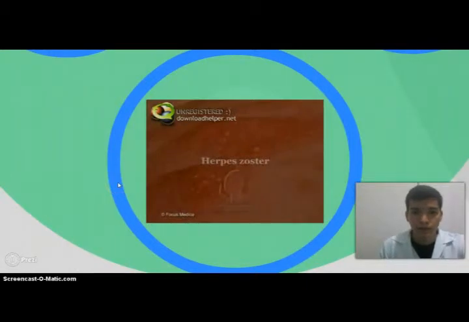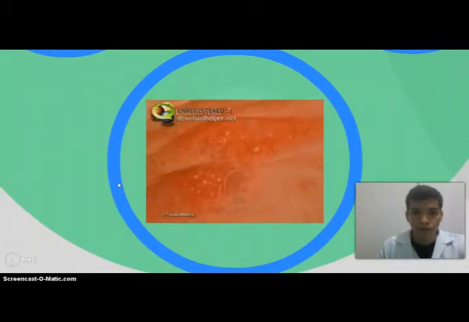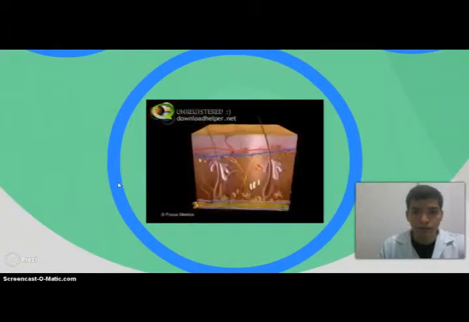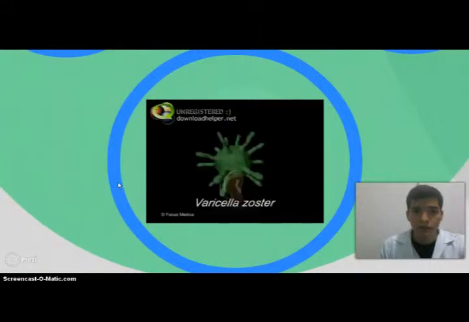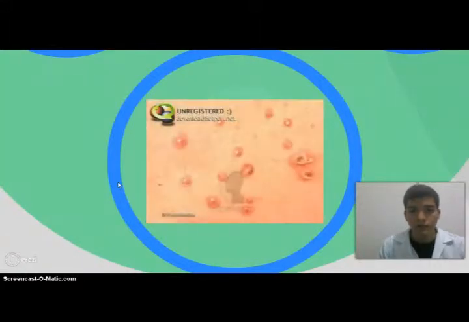Herpes zoster is an infection of the nerves supplying certain areas of the skin, caused by varicella zoster virus, which also causes chickenpox.